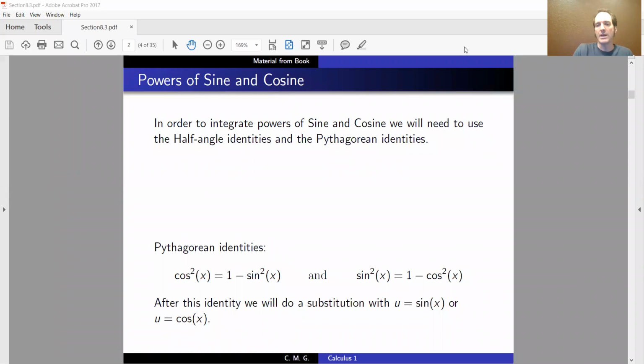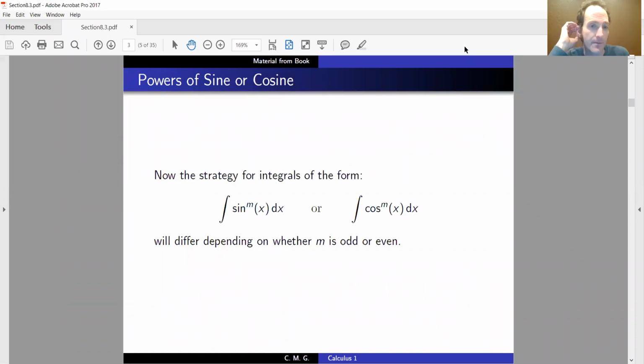So now the question is, when do I use each of these things? For powers of sine or cosine, the strategy is going to differ depending on the parity of m, the power. Parity just means, is it odd or even? If it is an odd number, there's one strategy, and if it's an even number, there's another strategy.